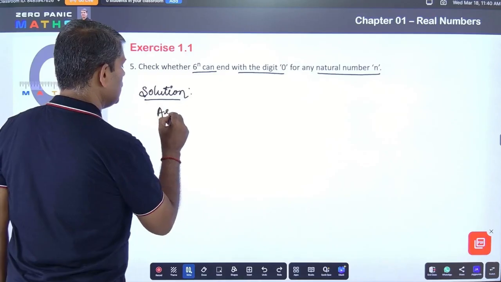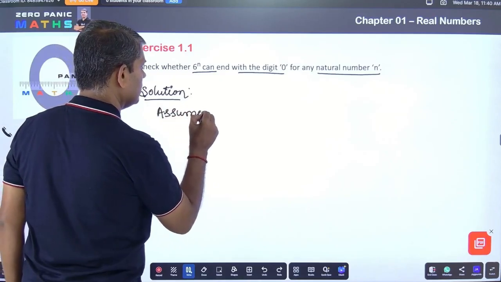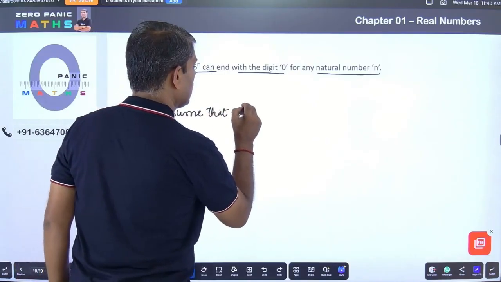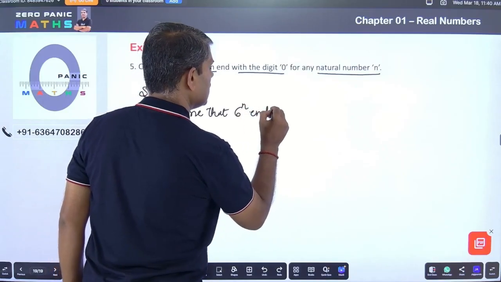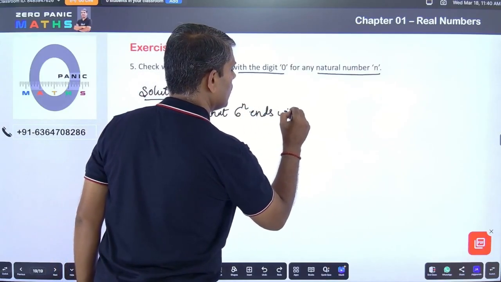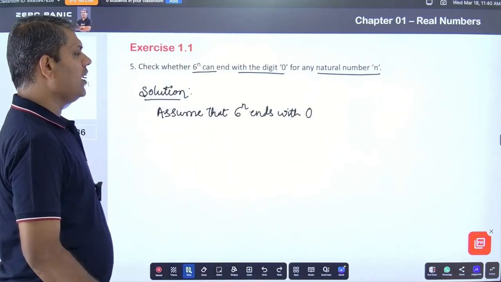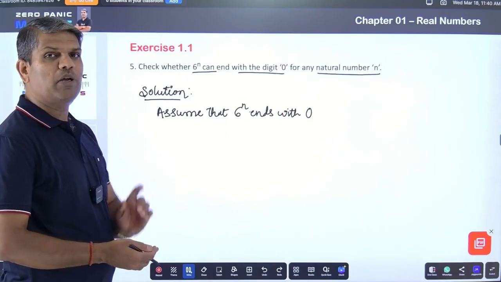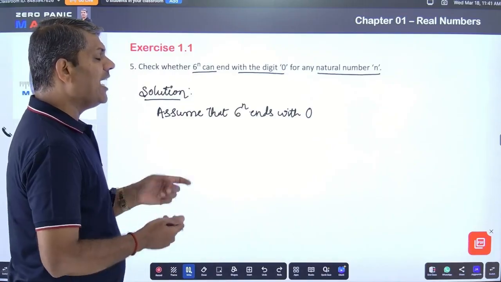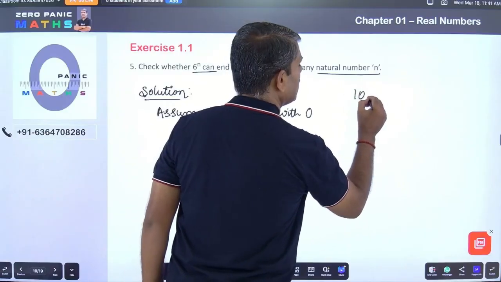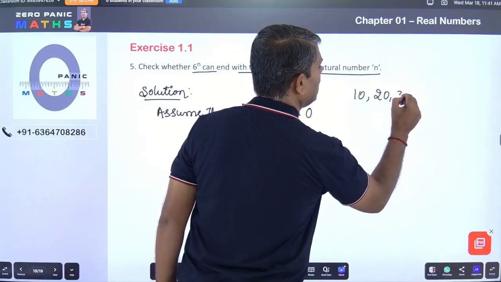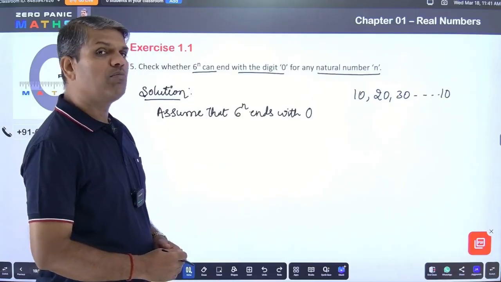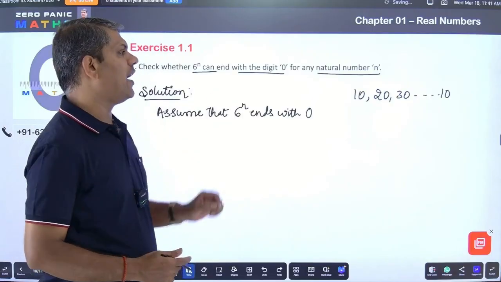So assume that 6 to the power of n ends with 0. Now since 6 to the power of n ends with 0, it should be divisible by 5. You remember that any number that ends with 0, say 10, 20, 30, 40 and so on, 100, 1000, any number you take, that number also has a factor 5.